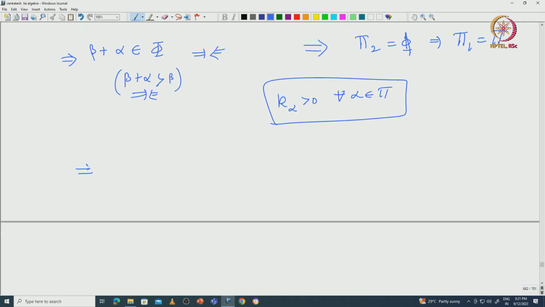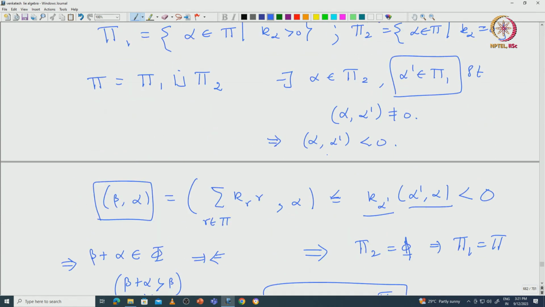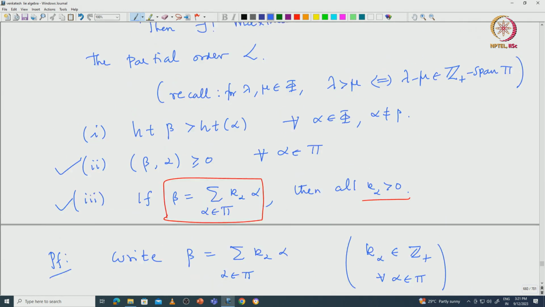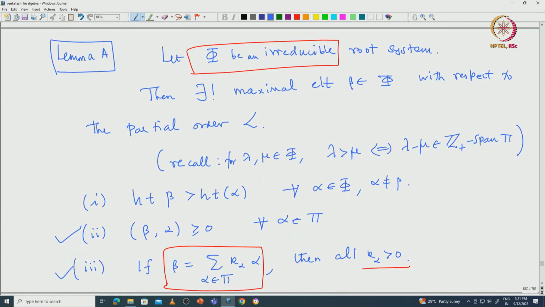So, that also proves the inner product of beta and alpha must be greater than or equal to 0 for all alpha in pi. This proves the second property. So, now we have verified the third and second properties. Now, we need to verify the first property as well as the uniqueness.